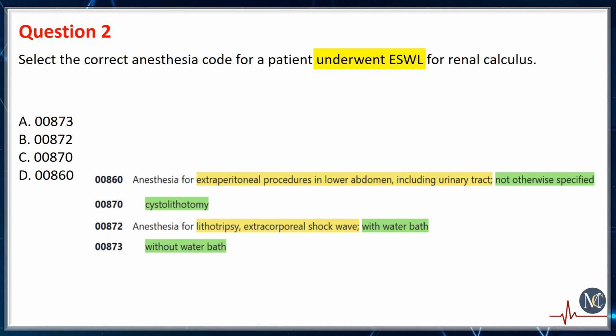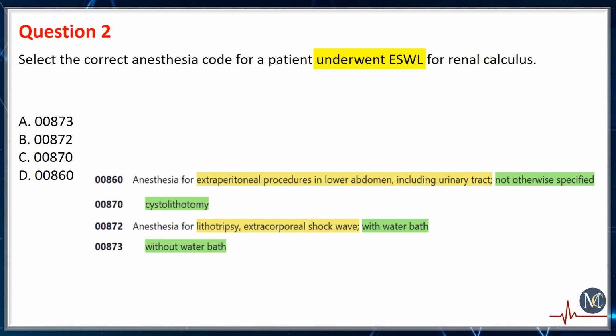Our next code is 00872, anesthesia for lithotripsy, extracorporeal shock wave with water bath. Next code is 00873, anesthesia for lithotripsy, extracorporeal shock wave without water bath.